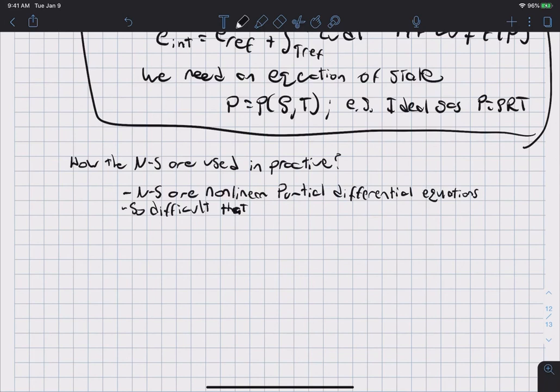What she solved in that movie was she proved existence and uniqueness for Navier-Stokes. But in reality, these equations are so complicated that existence and uniqueness of the solutions has not been proved.